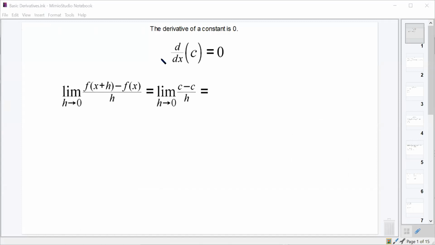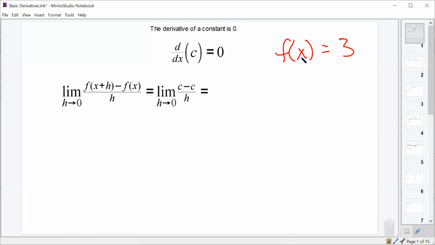So if our function is just a constant, let's use the example of y equals 3. Let me change that, let me make that f of x equals 3. So our function is f of x equals 3. What is f of x plus h?